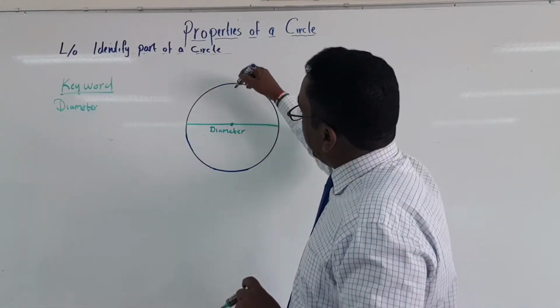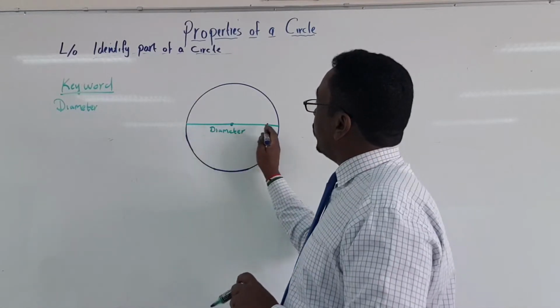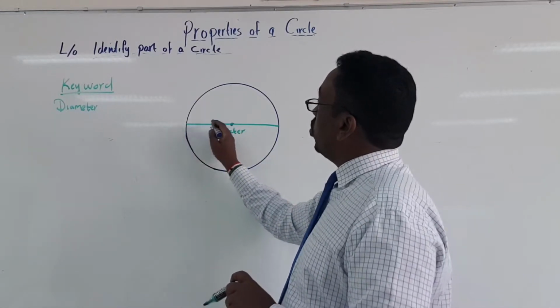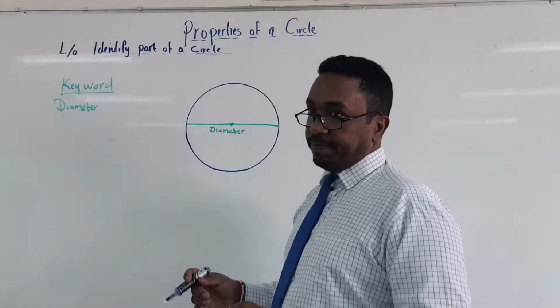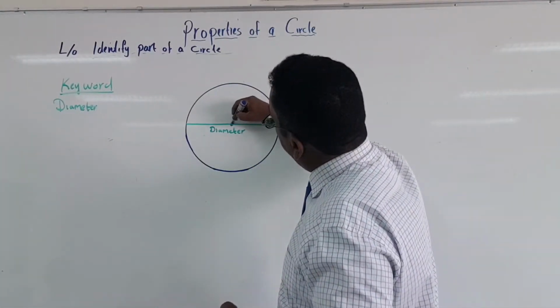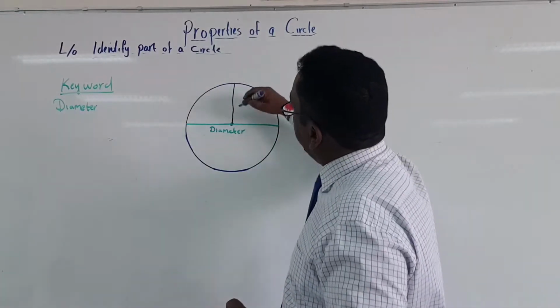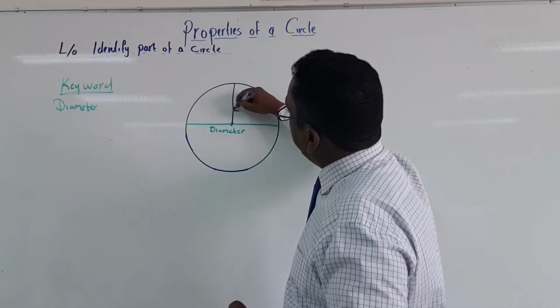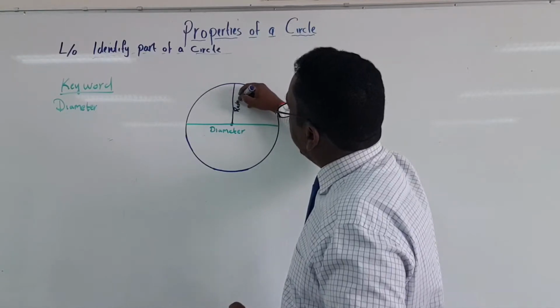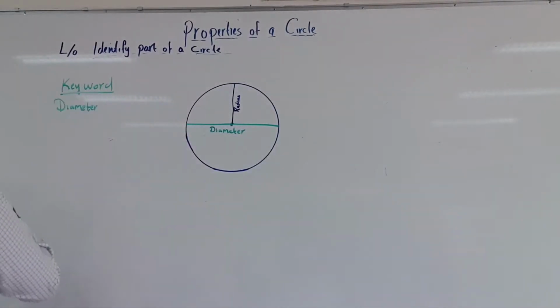It can come from here, it can come from here, it can come from here. We can also call this diameter two radii joined together. So if we draw another line here, which goes from the center to the edge here, we call this the radius. So we call that one the radius.